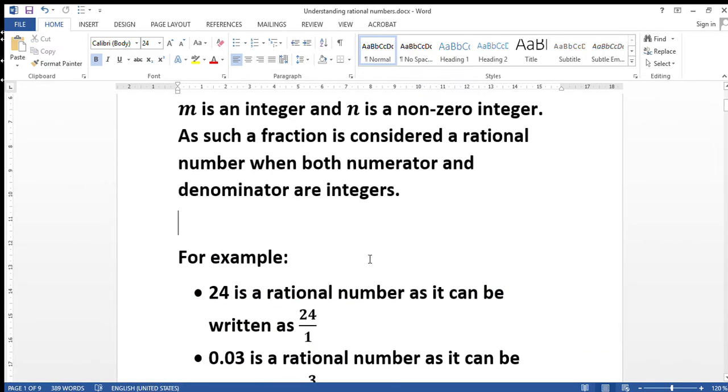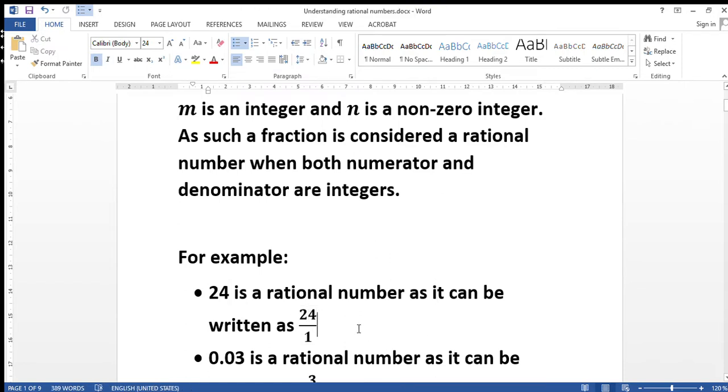For example, 24 is a rational number as it can be written as 24 over 1. If you remember from our additional math, we have this number 24, and I just call it 24 over 1.